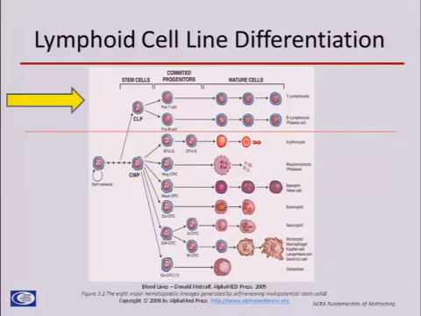And then when we look at just the lymphoids, we see pre-T cell and pre-B cell. So they're making up their mind that they're going to become a T cell or a B cell. This is a really sensitive stage for a leukemia development because these cells are changing rapidly. They're maturing.